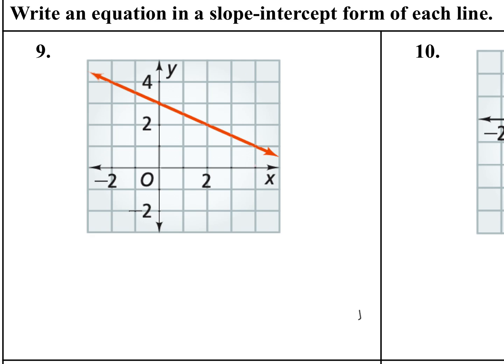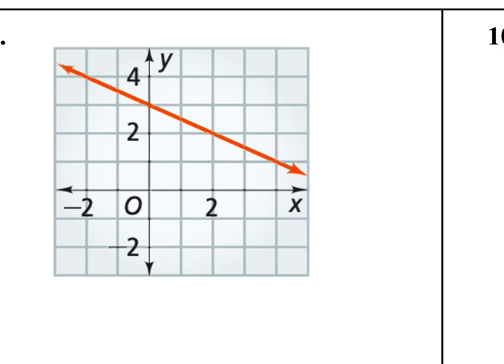Okay, this one. That's my 3. Therefore, my y-intercept here is equal to 3. Now, let's find out our slope. Our slope can be found by getting another point here, and we're going to count the rise over run. So in here, we're going to count 1 unit down.